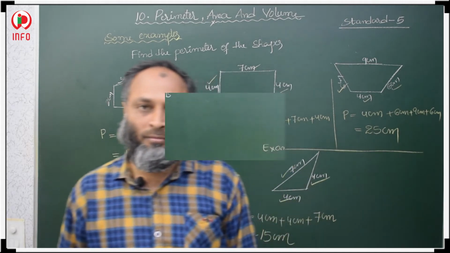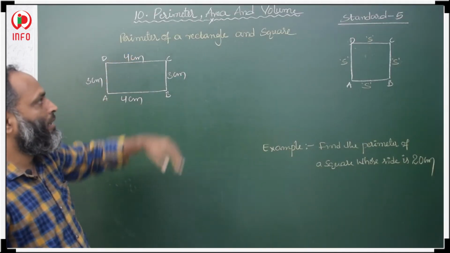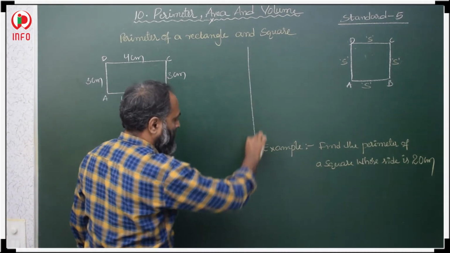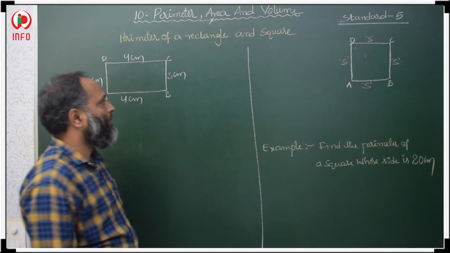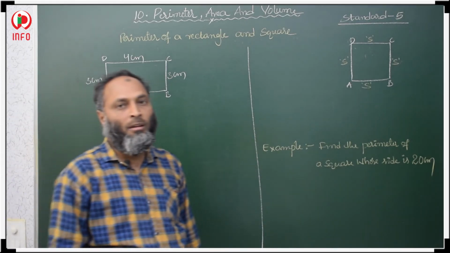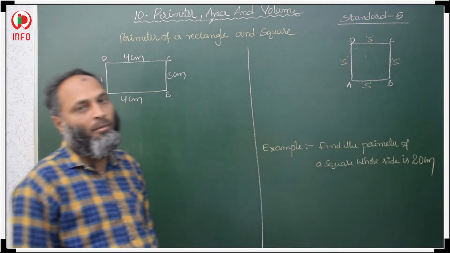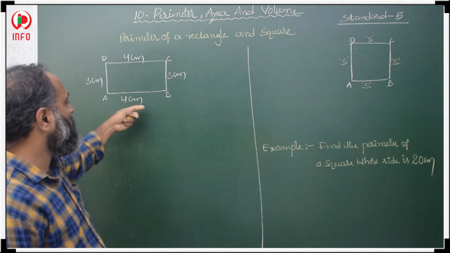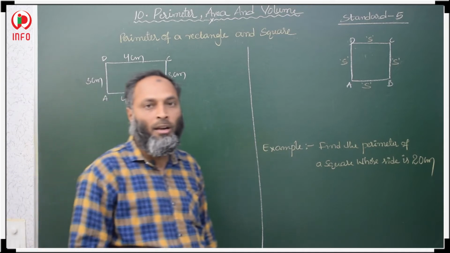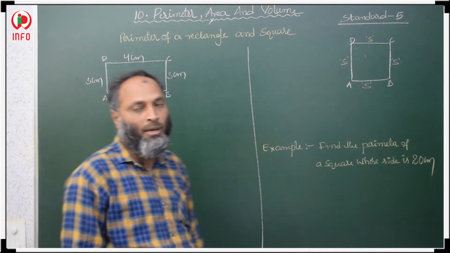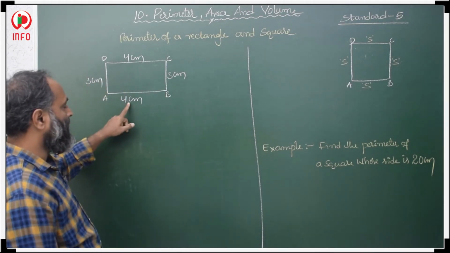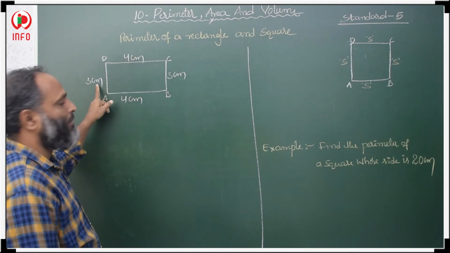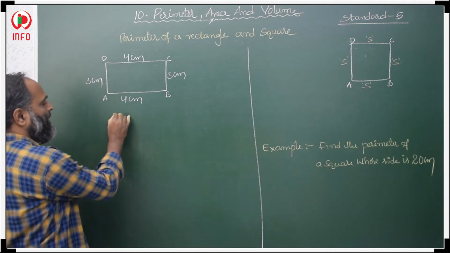Okay. Now next, perimeter of a rectangle and square. Rectangle and square perimeters we have to find. So what formula are we going to use? Here this is a rectangle. We know in a rectangle opposite sides are parallel and equal. This is the length, this is the breadth. Then what is the perimeter here?